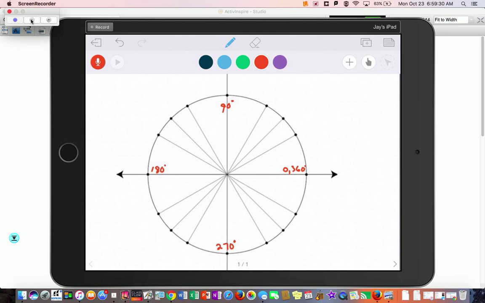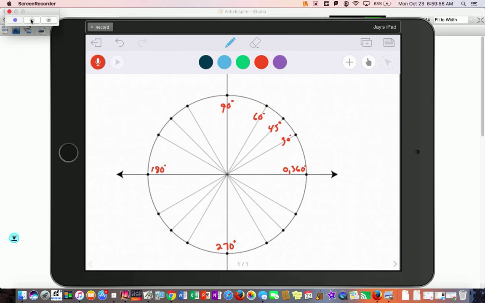In 4.3, we talked about some of those special triangles, the 45, 45, 90, and the 30, 60, 90. So these angles out here are 30 degrees, 45 degrees, and 60 degrees. Now, the key to understanding the unit circle is that every quadrant has a 30, a 45, and a 60. You just build from the x-axis.